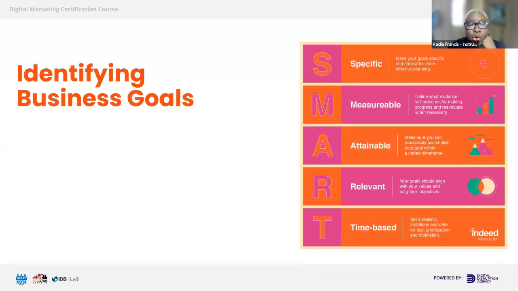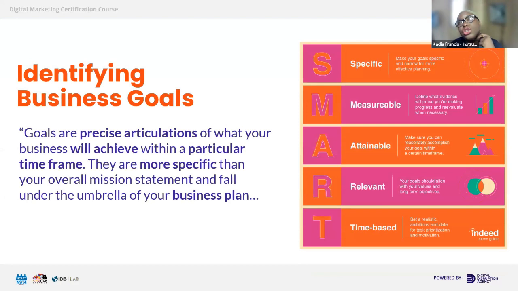Identifying business goals. So what are business goals? These are the things that you want to achieve within a framework, right? They're more specific than your overall mission statement and fall under the umbrella of your business plan.